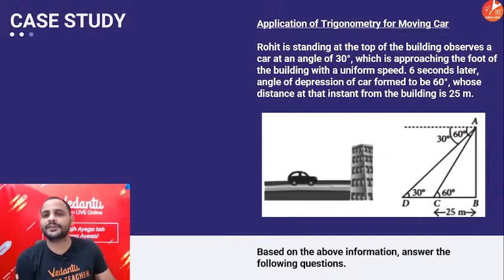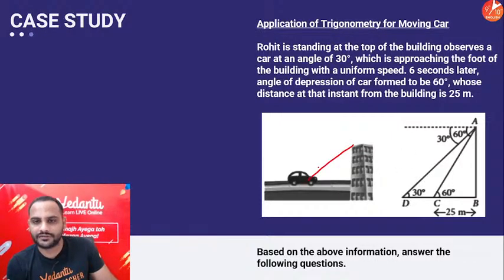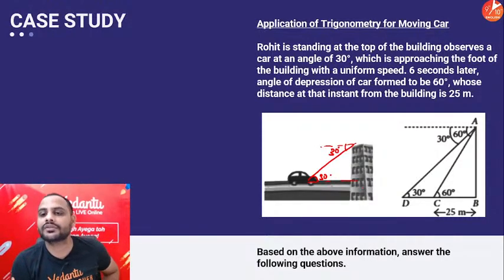Rohit is standing at the top of the building and observes a car at an angle of 30 degrees. At the start he saw it at an angle of depression of 30 degrees. If that is 30, this angle will also be 30 degrees, interior alternate angle, as shown in the diagram.